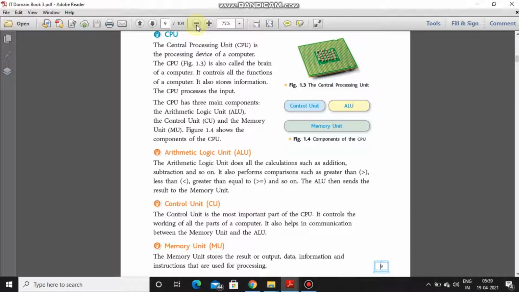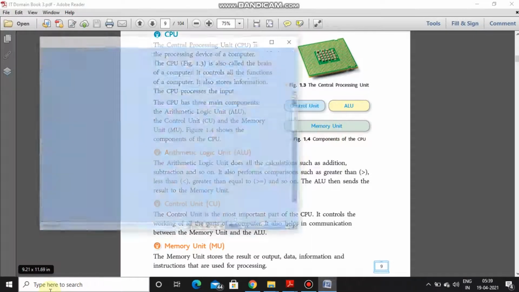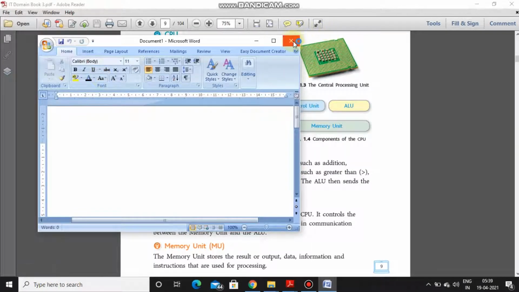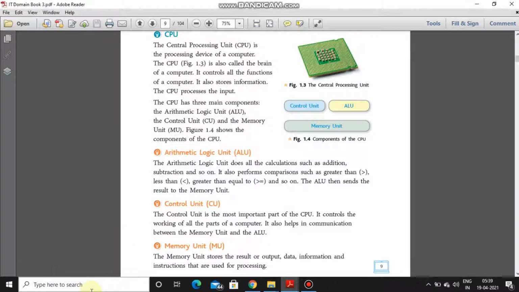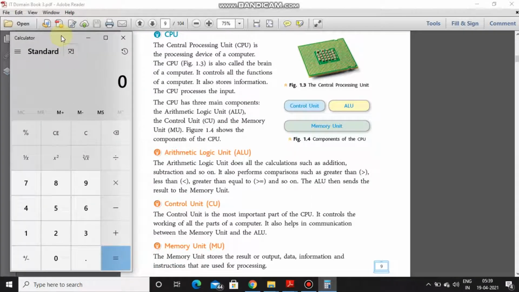Processing is evaluating. Just for an example, before opening Word, I'll just start a calculator. Here I elaborate the example. I have given 2, add 3.